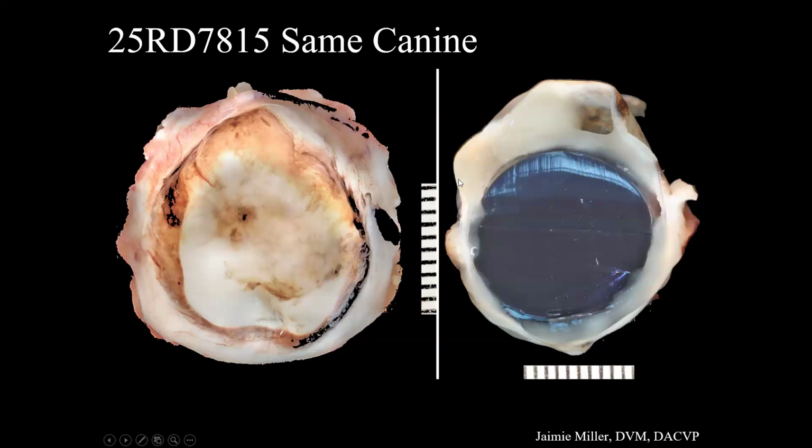And then a cut section of the globe. So we have cornea at the top here. We can see the opaqueness and a little bit of pigment. This is not a defect or an artifact of the picture. This is what the intrascleral prosthesis looks like. It's like a black rubber ball looking thing.